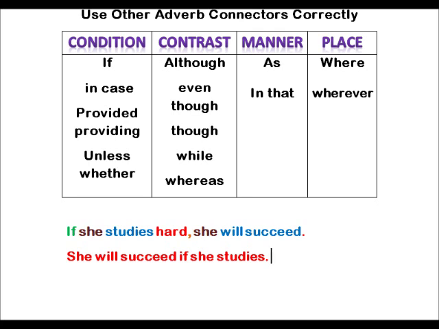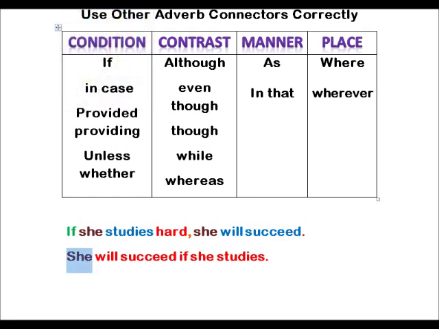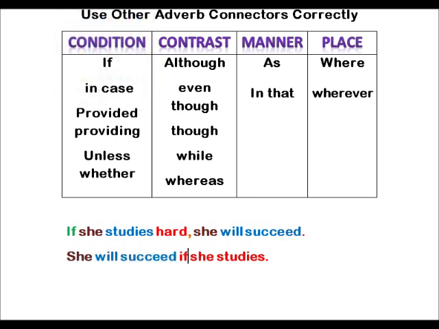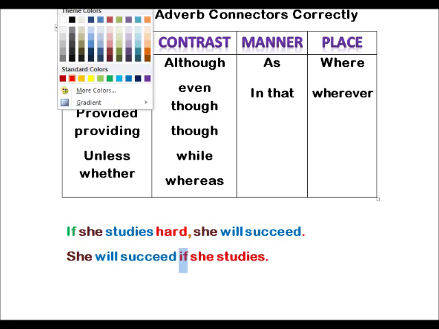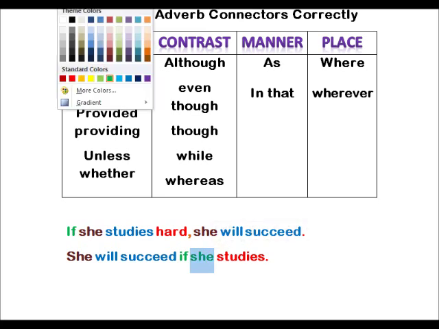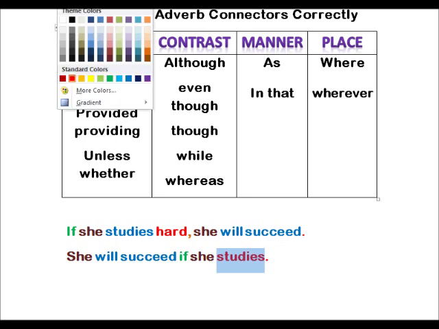As you see, we've got she, which is a subject, and we've got will succeed, which is a verb, and we've got if as a connector, and we've got she, which is also a subject, and then we've got studies, which is a verb.